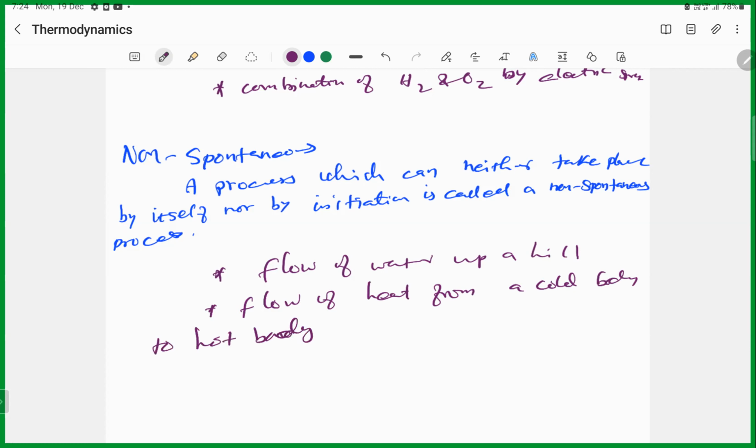That is not happening, no? From a hot body to a cold body, that can happen. When you have a flame and introduce an iron rod, the heat goes from one end to the other end. Whereas when the iron rod is in an ice piece, the heat cannot be conducted.